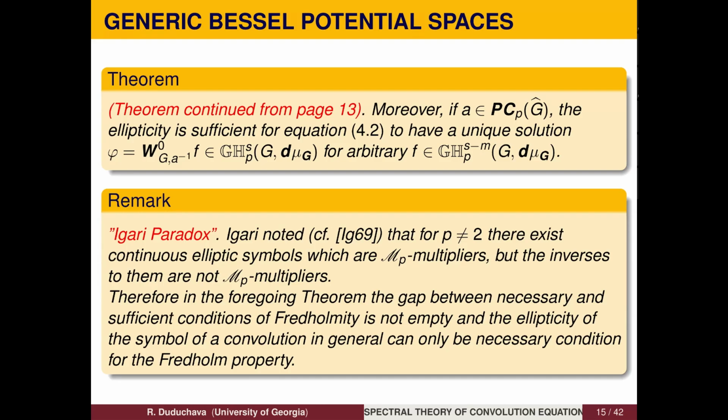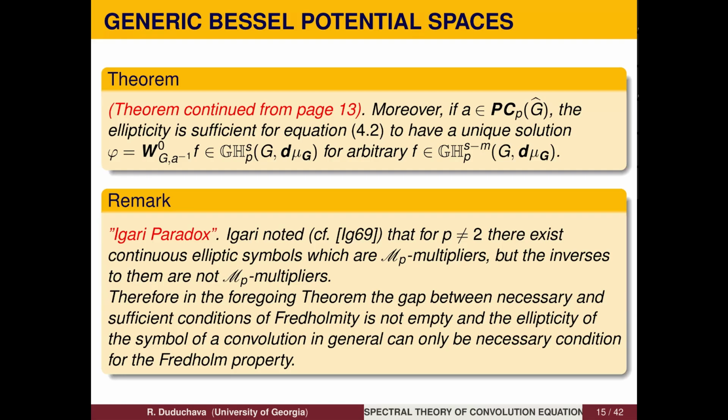And the inverse operator is just: you take the inverse of the symbol, which is elliptic, and the convolution operator with the inverse symbol is the inverse operator to the original convolution operator. So here the theory of convolution equations is very simple. If the symbol is elliptic, then the equation is uniquely solvable, and you have the inverse operator. As for classical convolution operators on R^n, not only on R, but also on R^n.